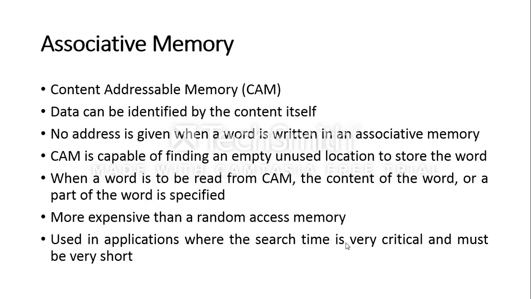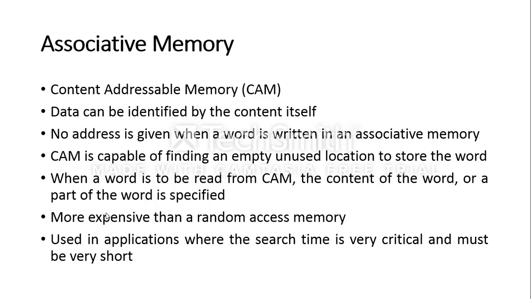Whenever you want to find something, just specify a part of the content using which the search operation can be performed. Now if we talk about the cost, of course we need some additional complex logic compared to random access memory, and that's why the overall design cost of an associative memory is comparatively higher than a random access memory.